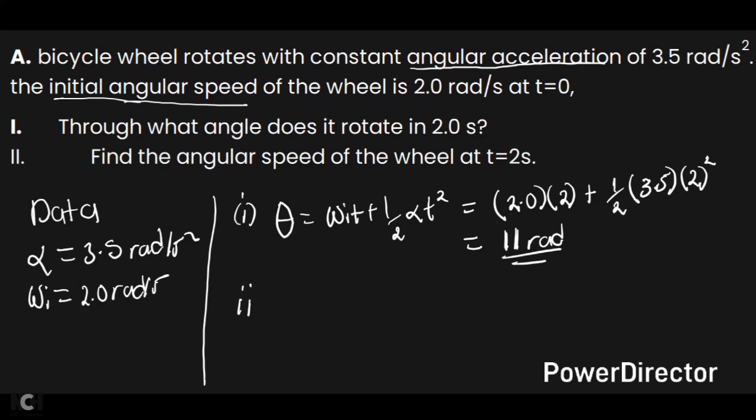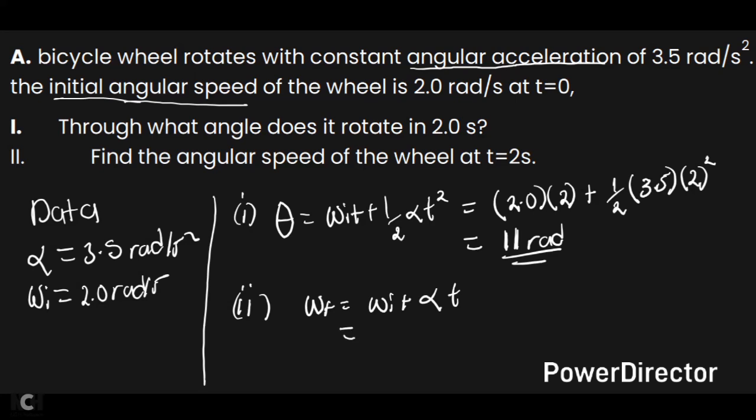Then for question 2, they're saying find the angular speed of the wheel at t equals 2 seconds. So how are you going to find the answer there? Omega final is equal to omega initial plus alpha times t. The omega final we haven't been given, so it's the one that you're looking for.